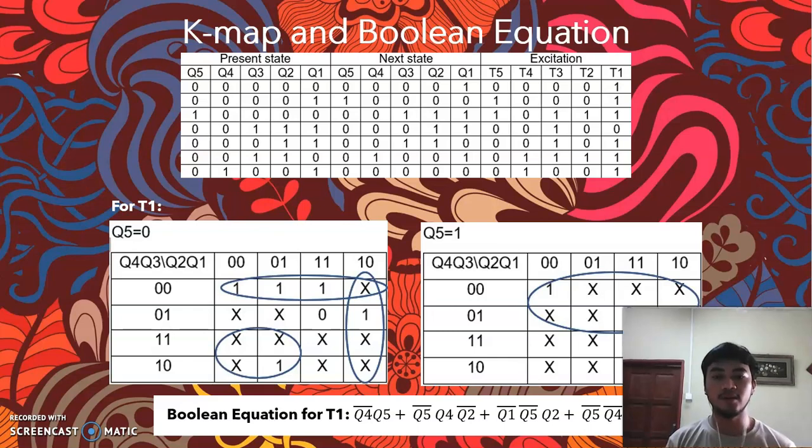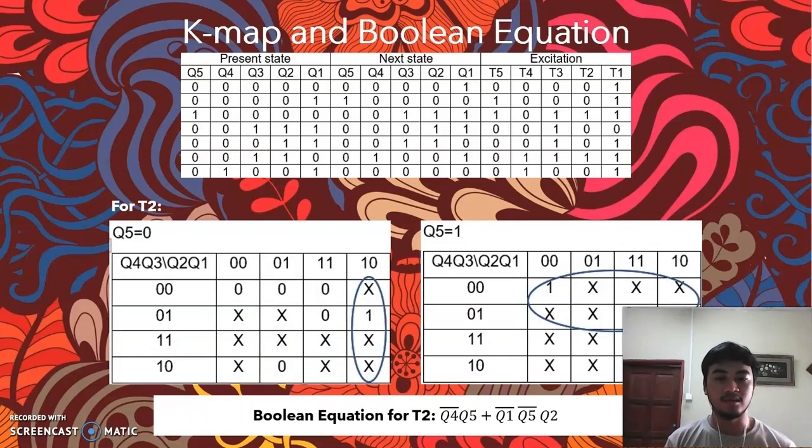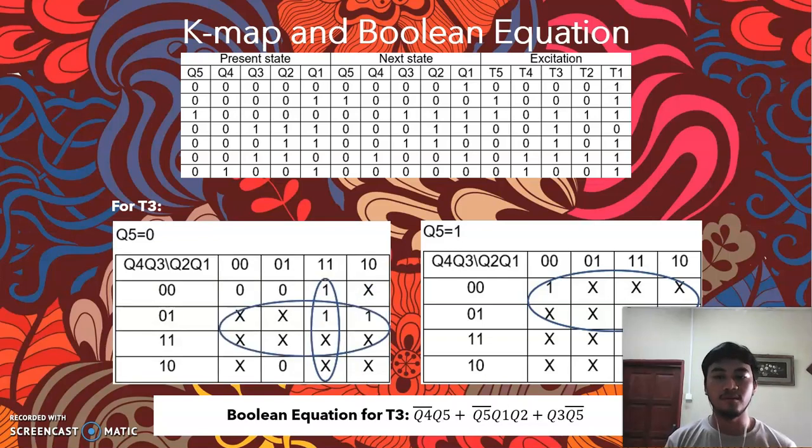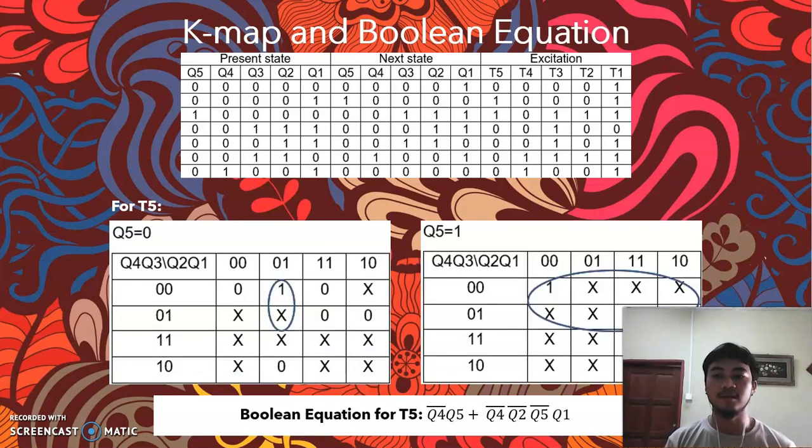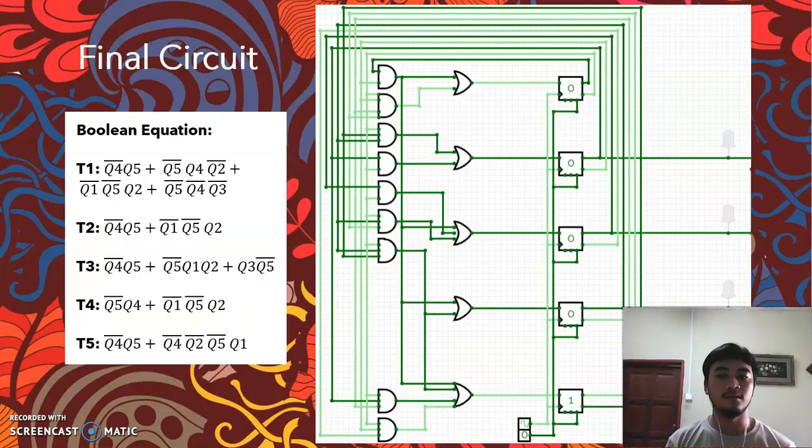You guys can pause the video and try and error for every single K map and check whether we get the same Boolean equation. So this is T1, T2, T3, T4, and T5. That's it. We compare the Boolean equations and derive the final circuit.